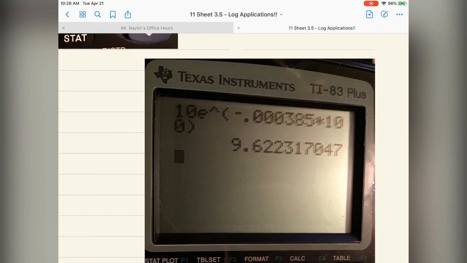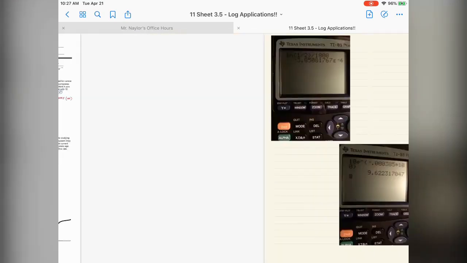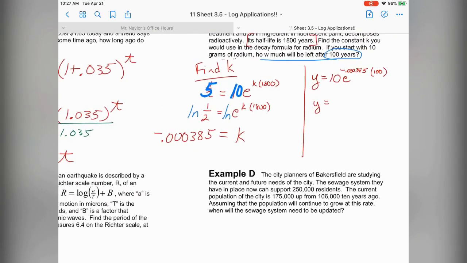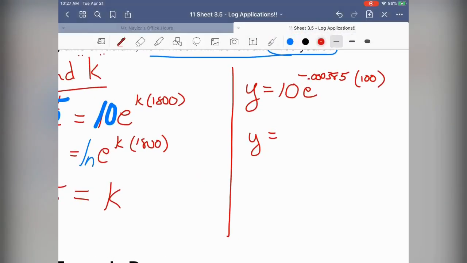I just need to use the E button and carefully raise it to that power to get our 9.62 answer. Now, 9.62 shouldn't come as a big surprise to you because it's only 100 years, and in 100 years you're not going to decay that much of the radioactive material, especially because it takes 1,800 years for half of the material to disappear.